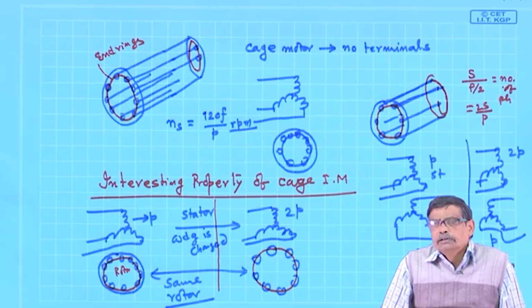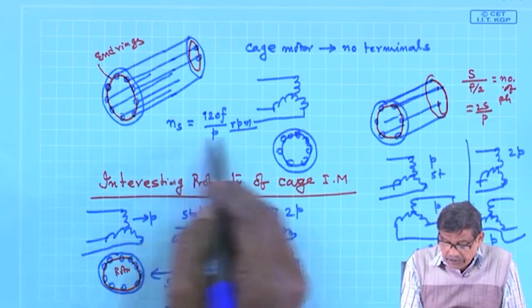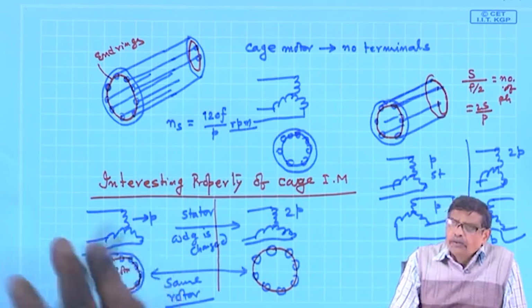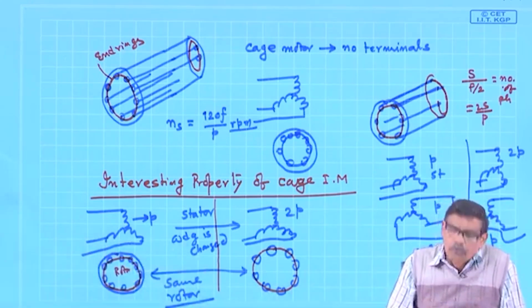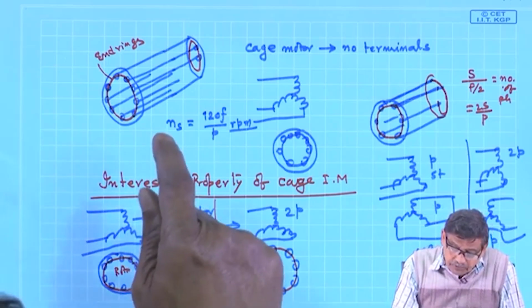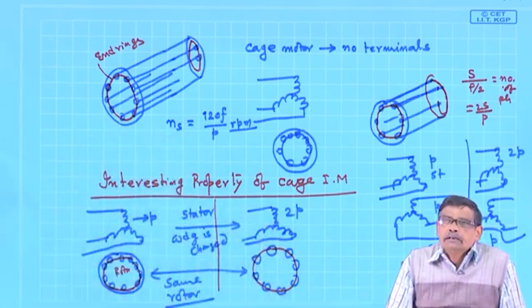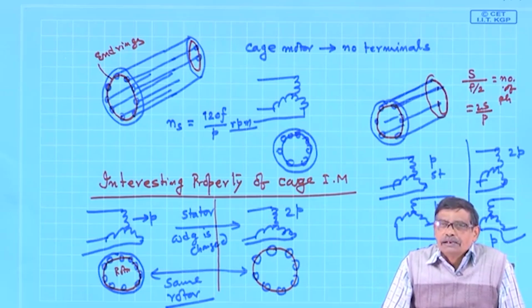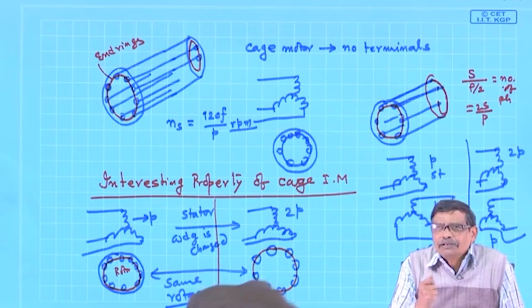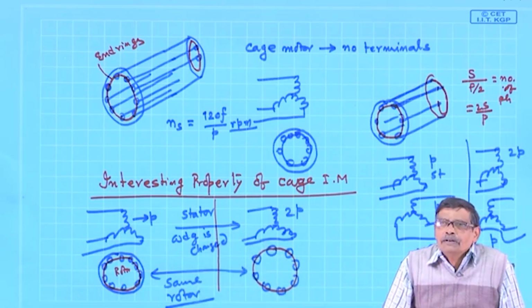The indication from this equation was that if, by hook or by crook, I could change the value of synchronous speed, then I would expect the rotor speed to vary accordingly, so that the term constant speed induction motor could be removed.